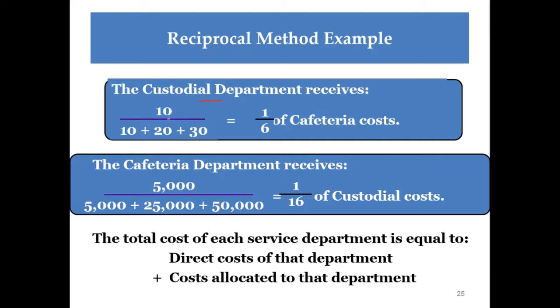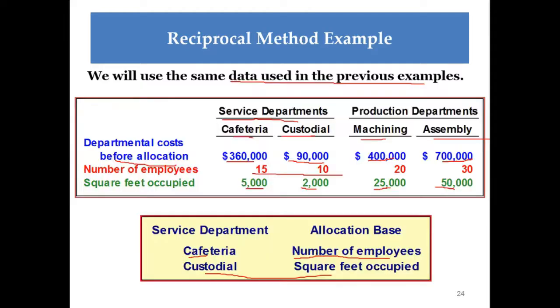How do we calculate that? We have 10 employees in the custodial department, divided by 10 in custodial, 20 in machining, and 30 in assembly. We use these employee numbers to allocate cost.